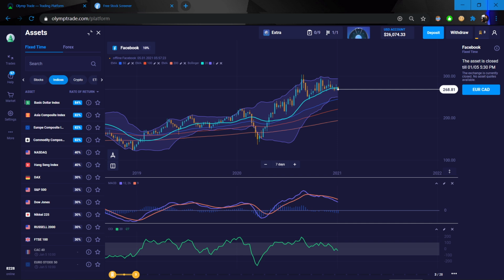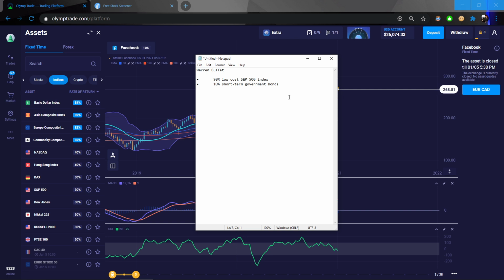So some of the portfolio options that are available to you, and I'm sure you have all heard of Warren Buffett. Well, Warren Buffett invests in such a way that 90% of his investment is in the S&P 500 and 10% is in short-term government bonds.